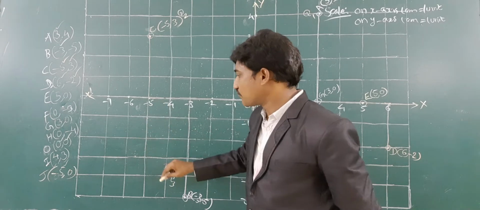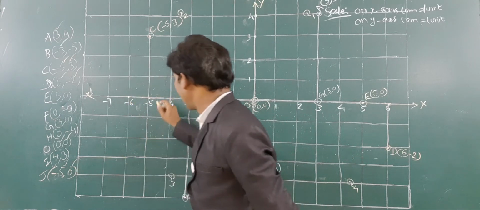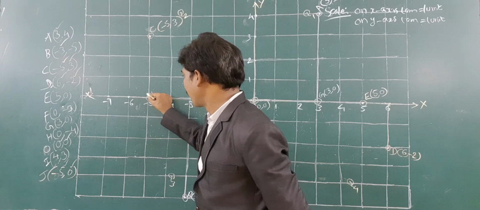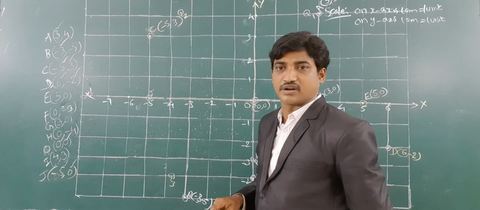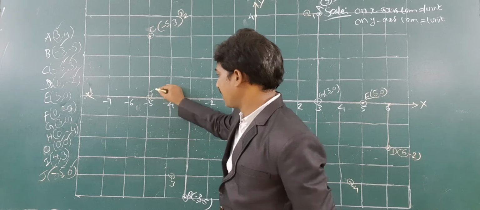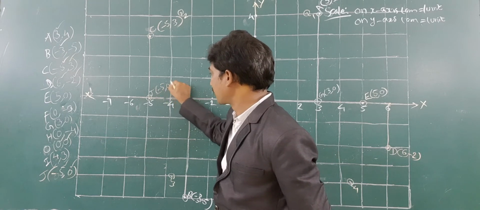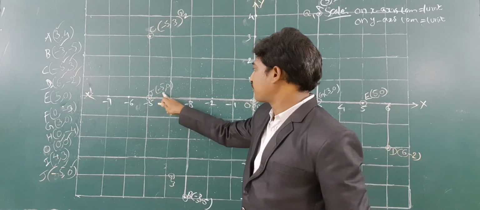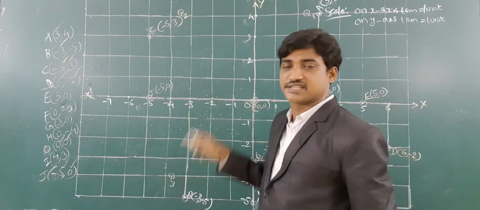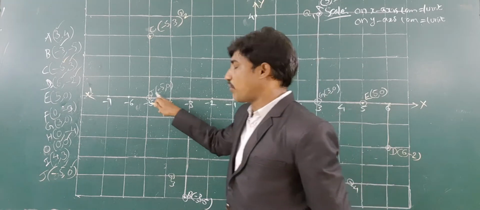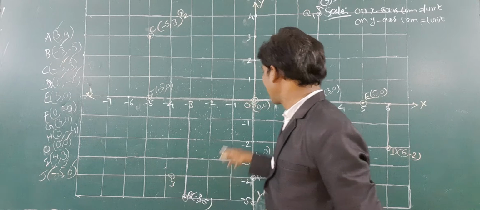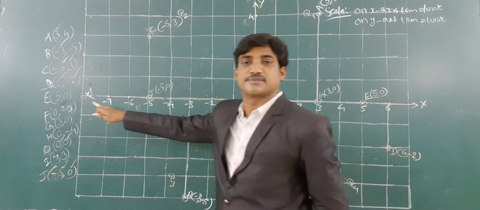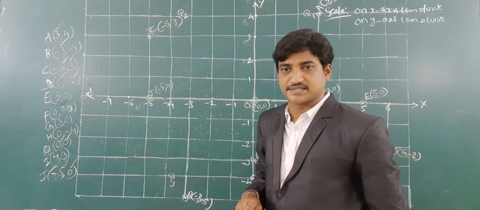As the y coordinate is 0, at -5 itself we get the required point J, that is (-5, 0). The point (-5, 0) lies on the x-axis, in particular on OX dash, the negative x-axis.